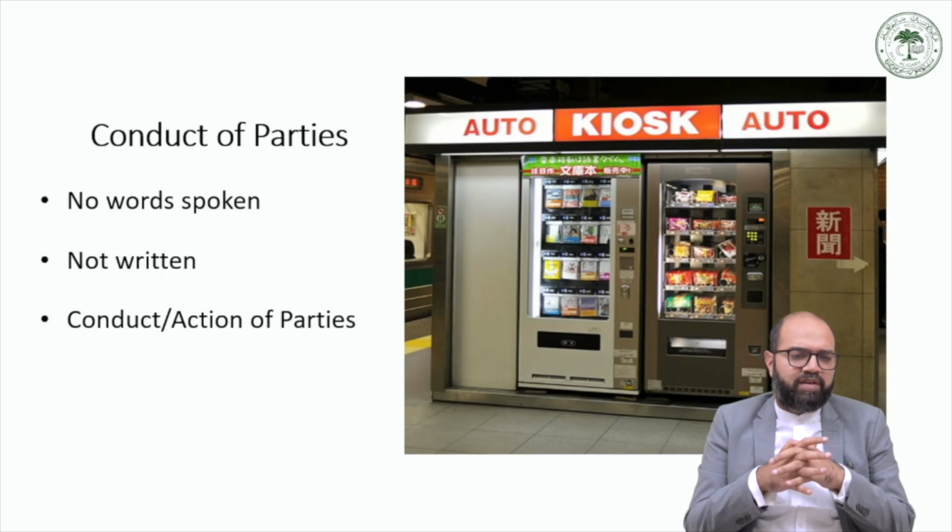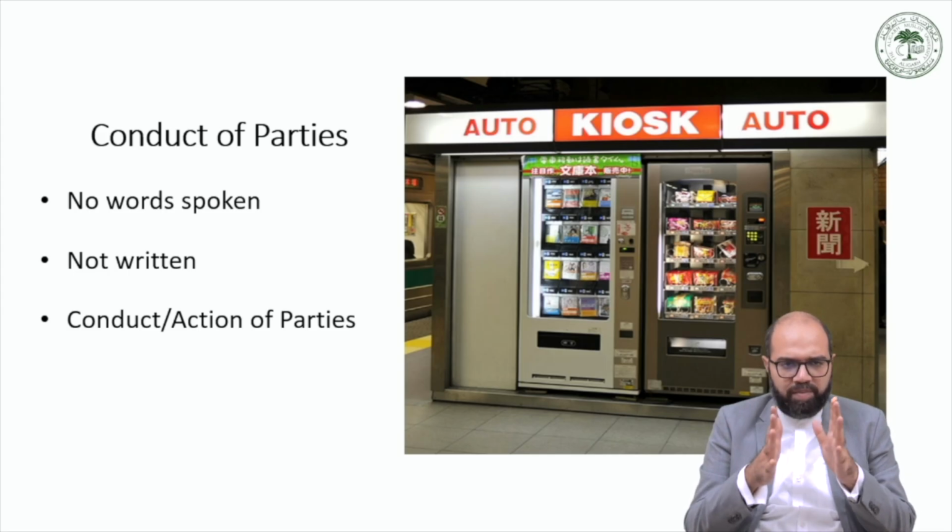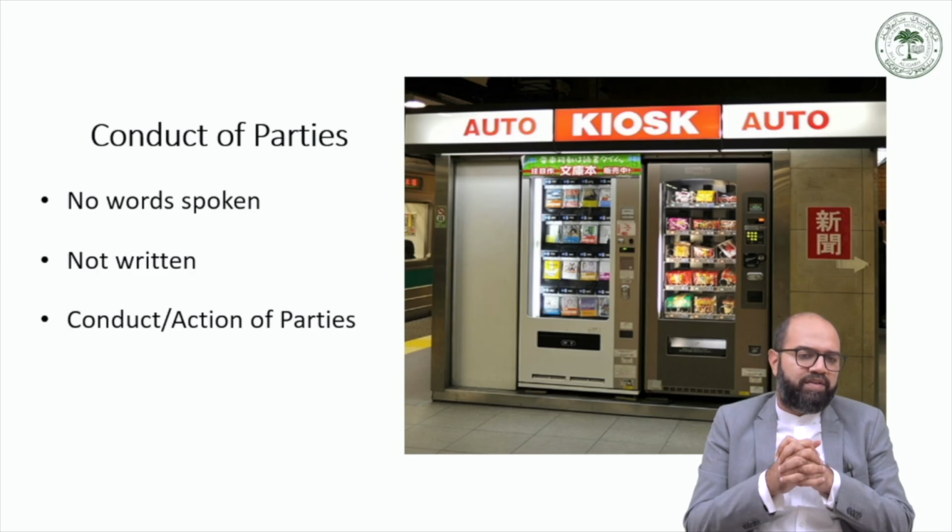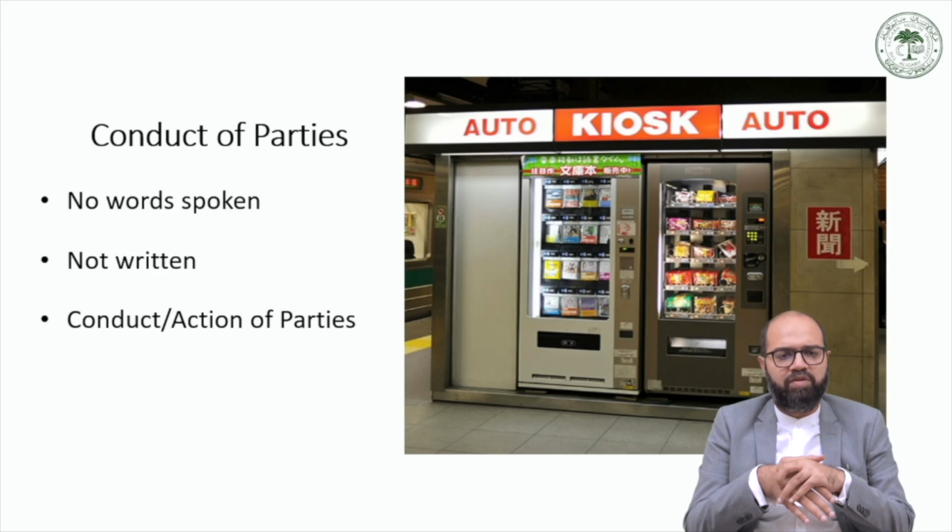So this is a kind of a contract by the actions of the parties, which is presumed to have the consent of both parties. So it is neither in the form of words which are spoken nor through a written agreement.